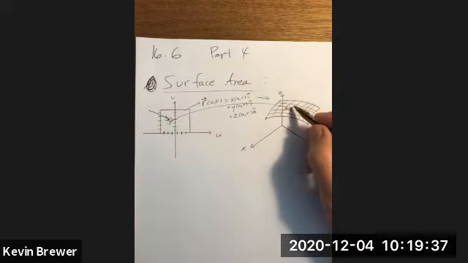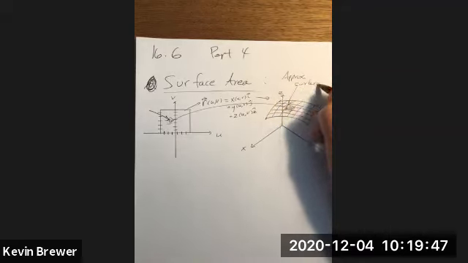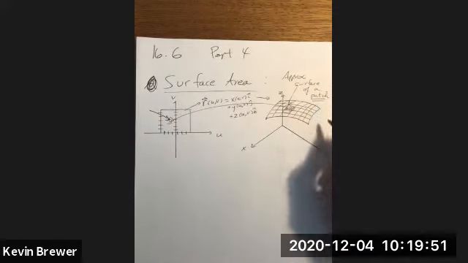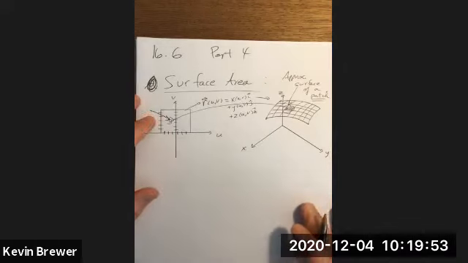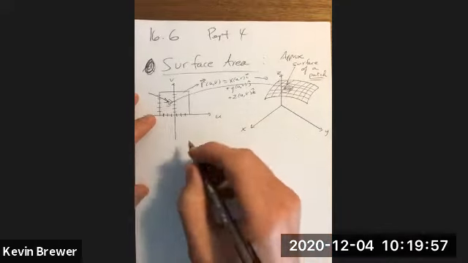And so how are we going to approximate the surface area of a patch? Well, that's where it's important that S is smooth.